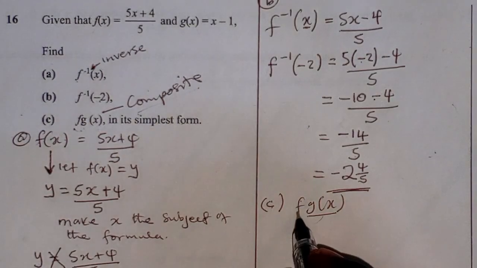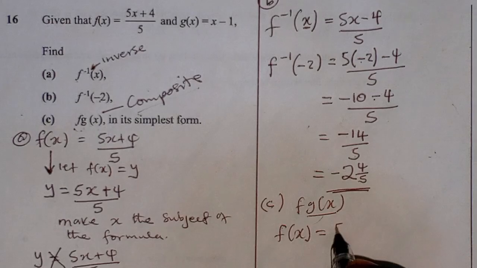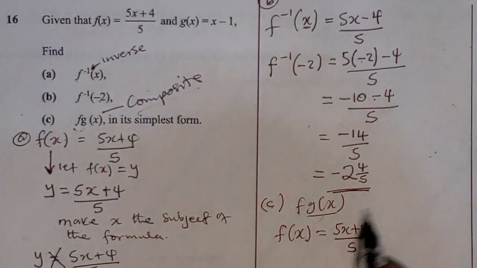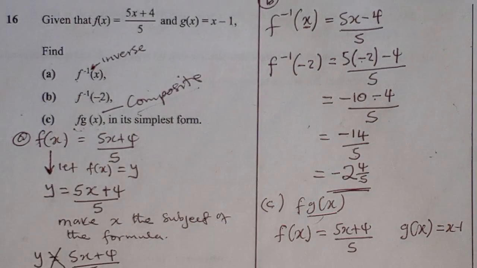So we have the f function: f of x is equal to (5x plus 4) over 5. Then we have g of x equals x minus 1.